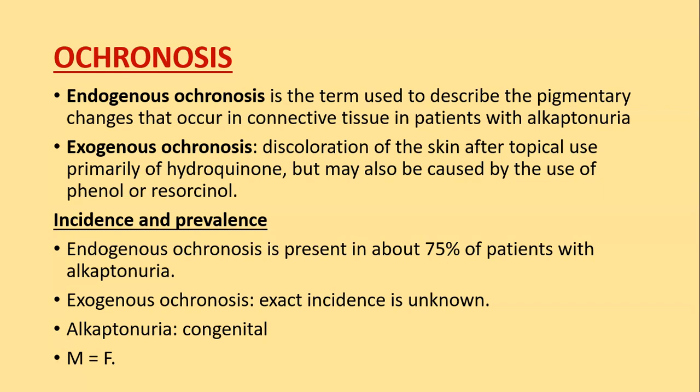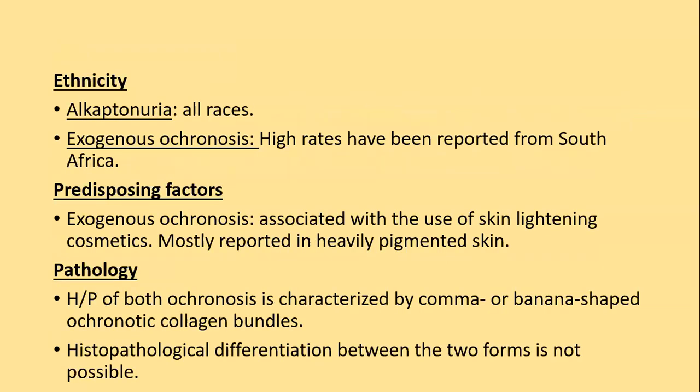Alkaptonuria is a congenital condition with equal male to female ratio. Alkaptonuria is seen in all races, while exogenous ochronosis is mainly reported from South Africa. Predisposing factors. Exogenous ochronosis is also seen in Asia, because here there is a lot of trend of getting white, and people have a dark skin.